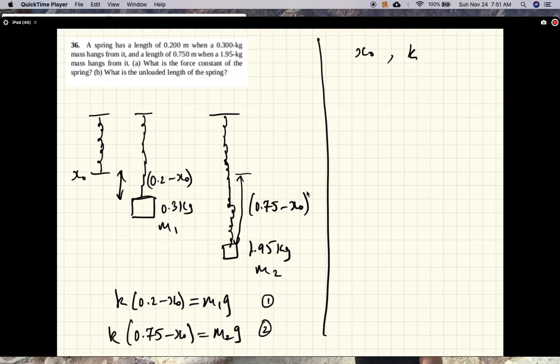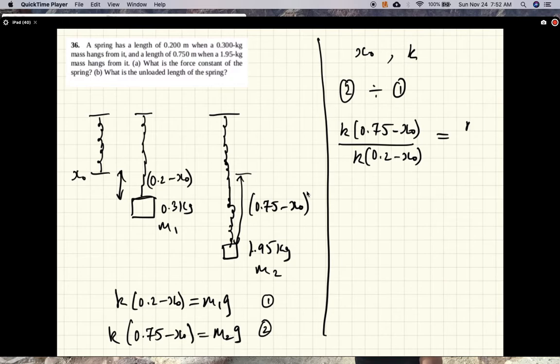Let's divide equation 2 by 1. That gives us k times 0.75 minus x naught divided by k times 0.2 minus x naught equal to m2g by m1g.